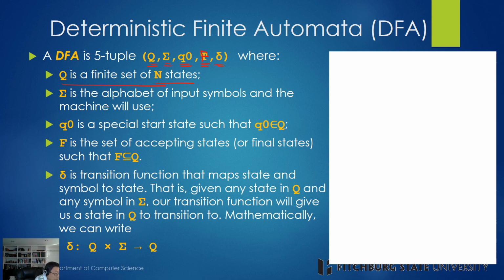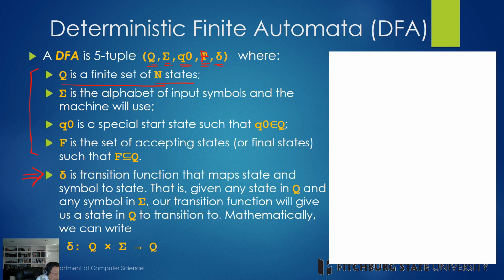The first 4 elements are basically the same as the general finite automata. The only difference between DFA and NFA is the transition function, the last element.